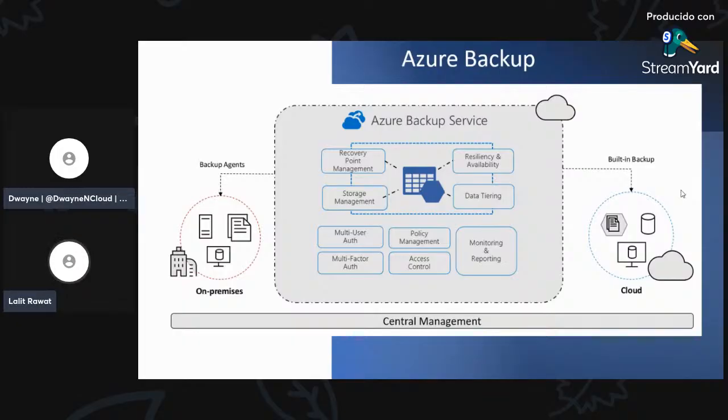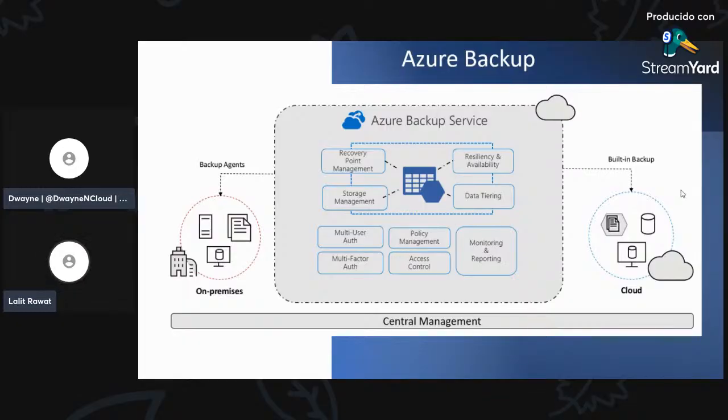But what will happen when you have something you want to back up? It simply goes and creates a Recovery Services or a backup vault. In that, it supports data tiering, storage management, and recovery point management. It also helps you with monitoring, and gives you centralized management.